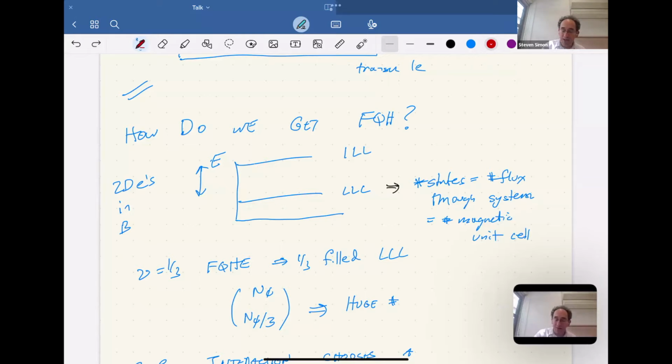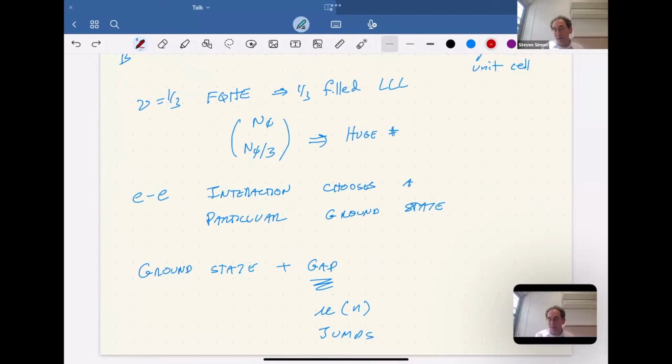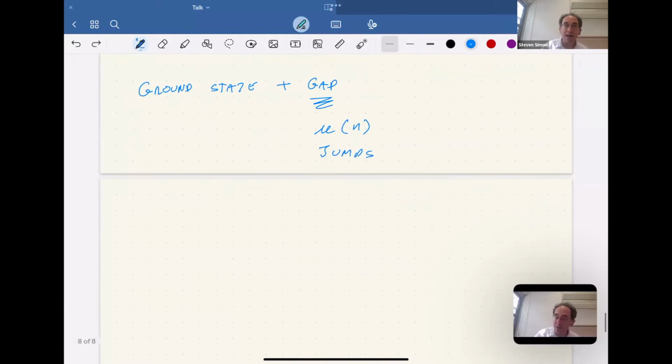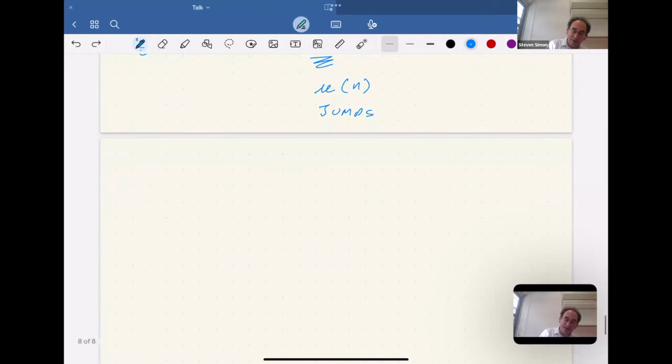Okay. But in the fractional quantum Hall effect, you fill up 1/3 of the Landau level. And due to interactions, there's a jump in the chemical potential. It's still a gapped state. Now, I should mention that there's this idea of what they call a fractional Chern insulator.